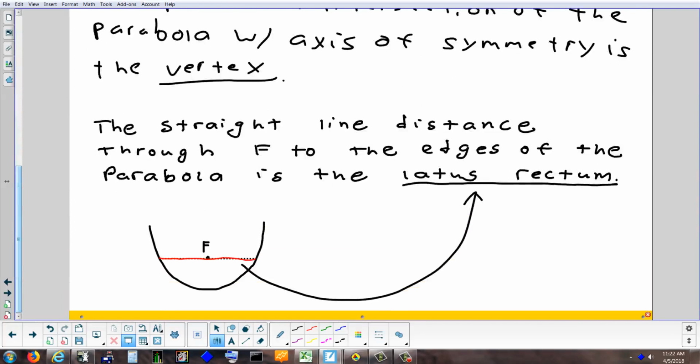And if you measure that distance, our book calls it the latus rectum. I don't come up with it, that's just what it is. It's also just called the latus distance. We don't really do a lot with that, but if you see it, the latus distance is the width of the parabola measured through the focus.